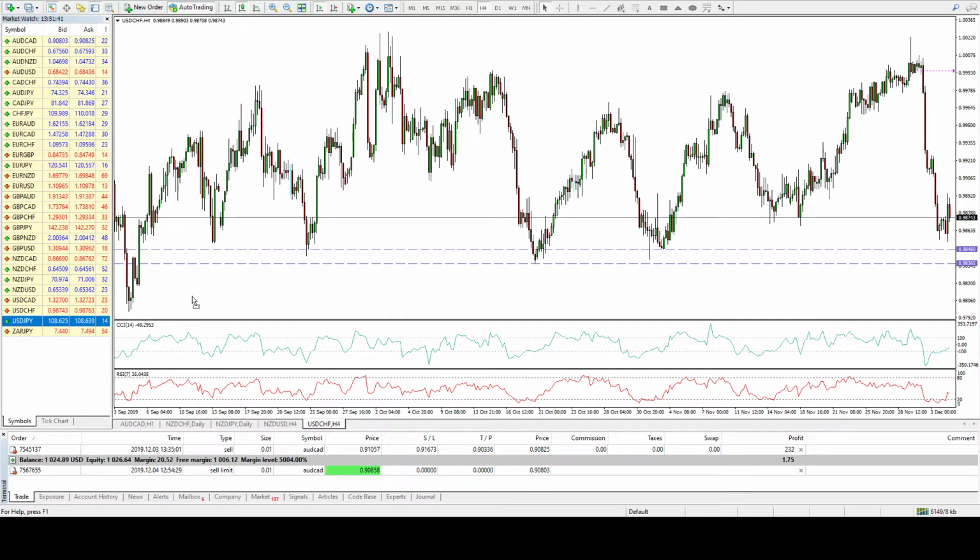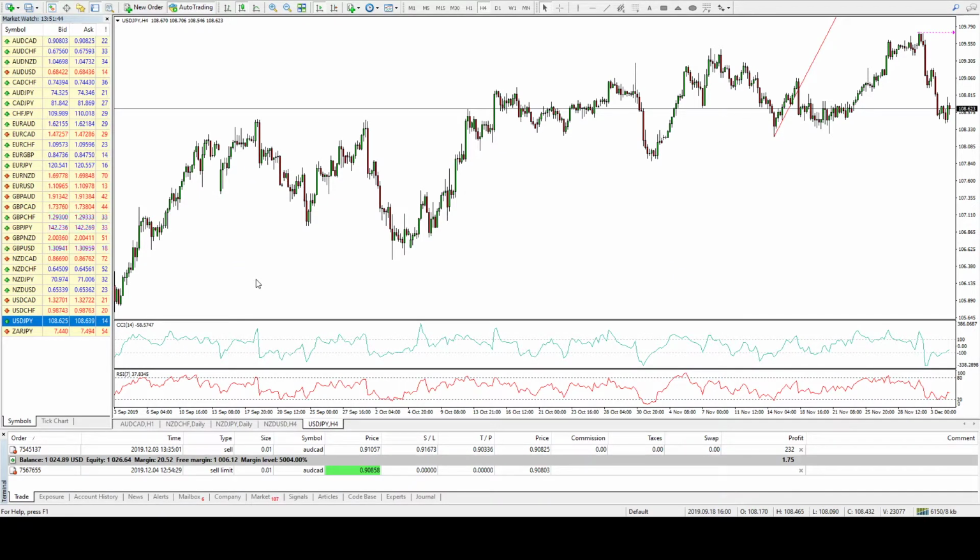Okay, and dollar yen. Dollar yen is looking good too. I like that.